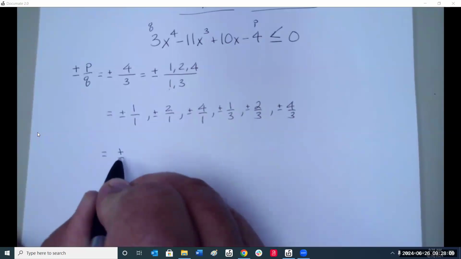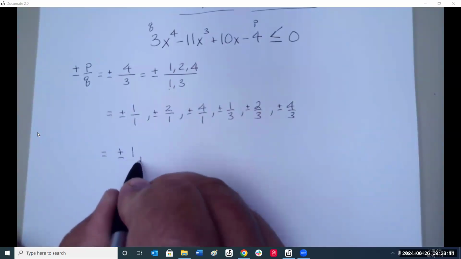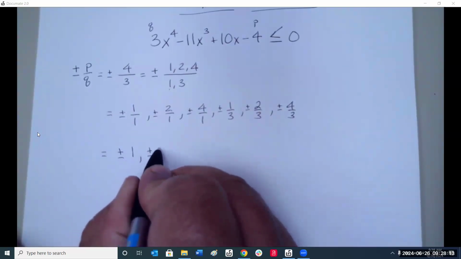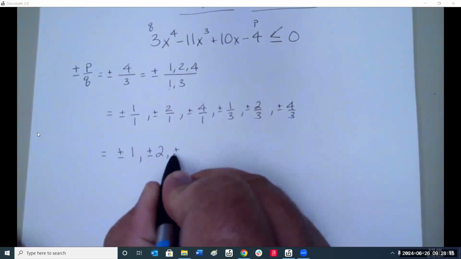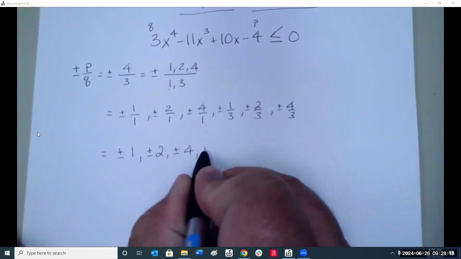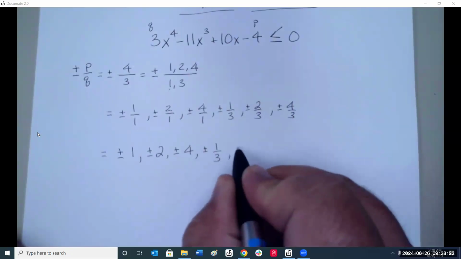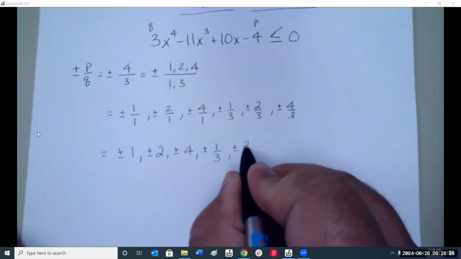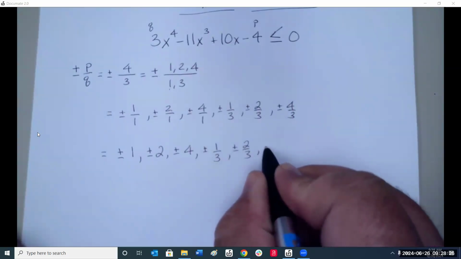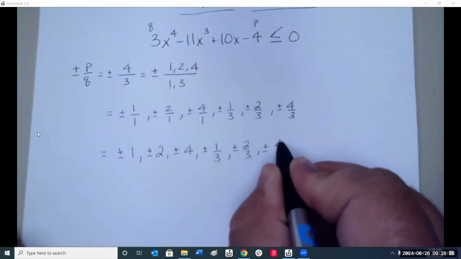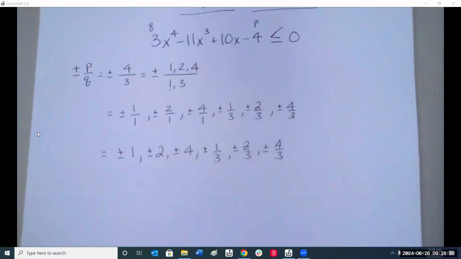So our possible rational zeros are these numbers. We have 12 possibilities.